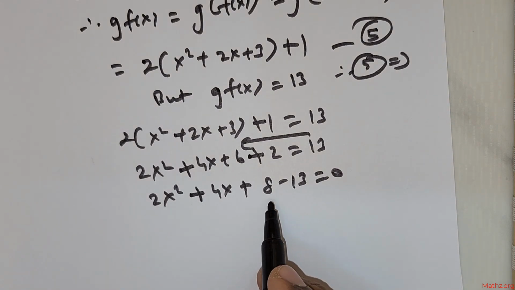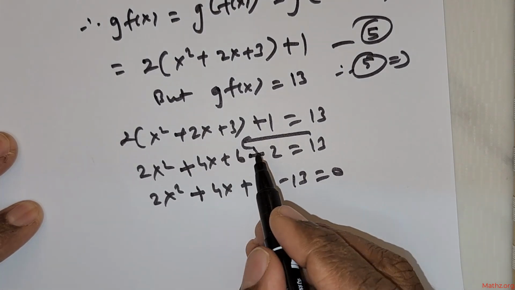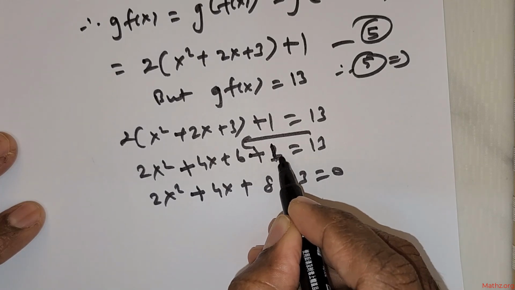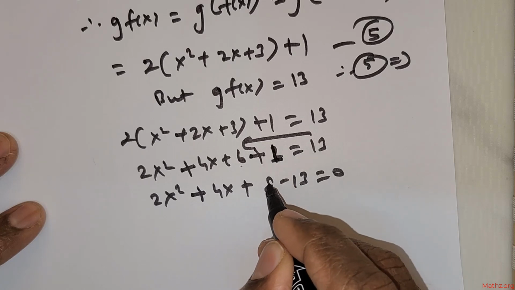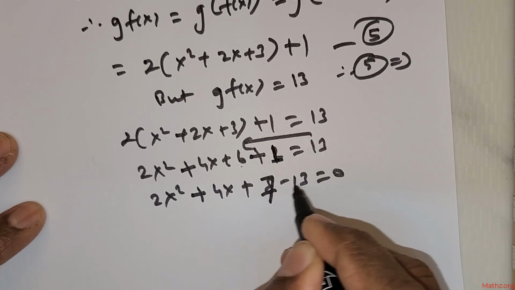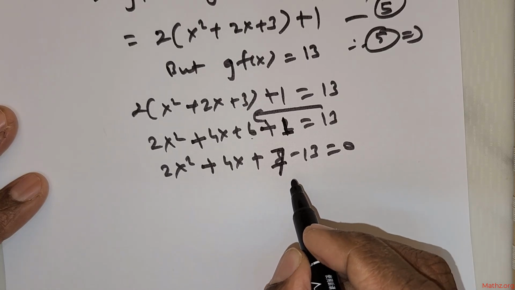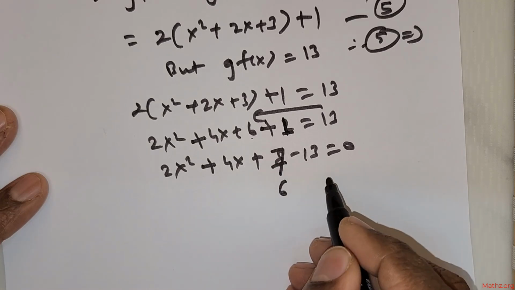Now you will have to make the subtraction. Apparently this is 1, so we need to have that 1 there. It's not 2. Now 6 and 1 is 7, 7 - 13. So we need to perform the subtraction.